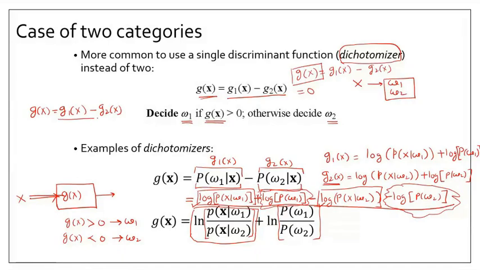So when will this be positive? When the first term is greater than the second term, your answer is positive. When G1(x) is less than G2(x), your answer is negative. So that's why I'm saying when g(x) is greater than 0, that means it is positive, you will say your input belongs to omega 1. If it is negative, then you will say your input belongs to omega 2. I hope you have understood this.